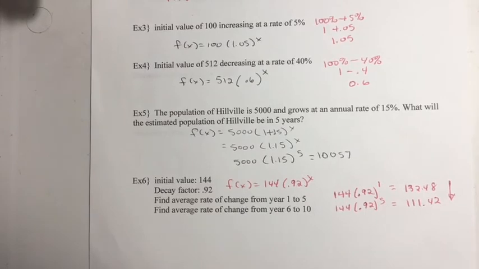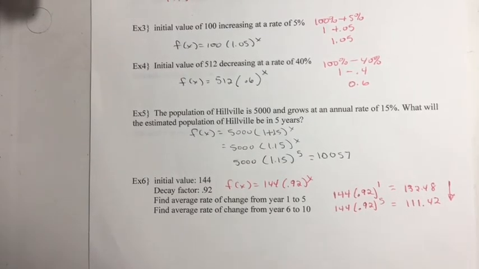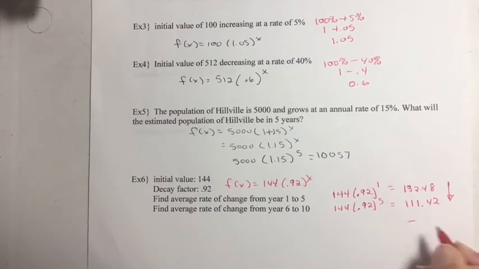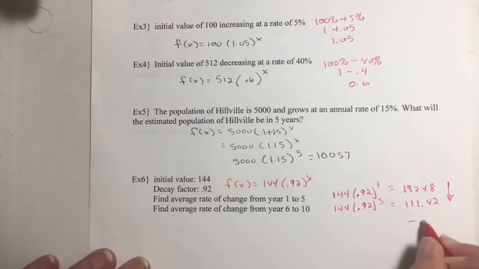Now, think about it. These are going to be negative because it's a decay. It is going down. It is rate of change. Remember, rate of change is a slope. So you should see a slope that is going down. How much? 21.06.